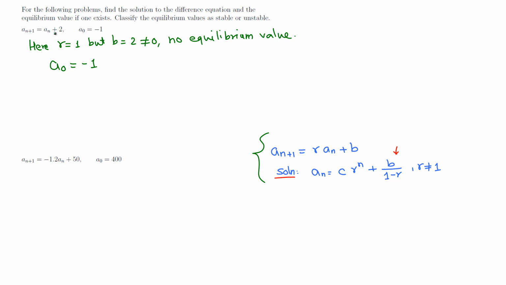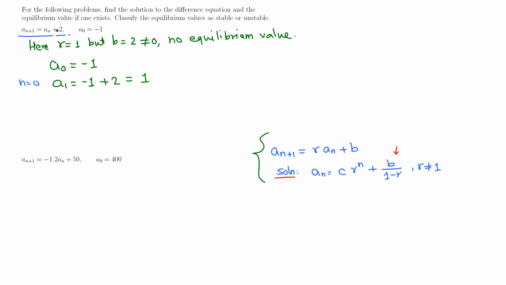If we take n equals 0 in this equation, then we get a_1 equals a_0, which is -1, plus 2. -1 plus 2 is just +1.